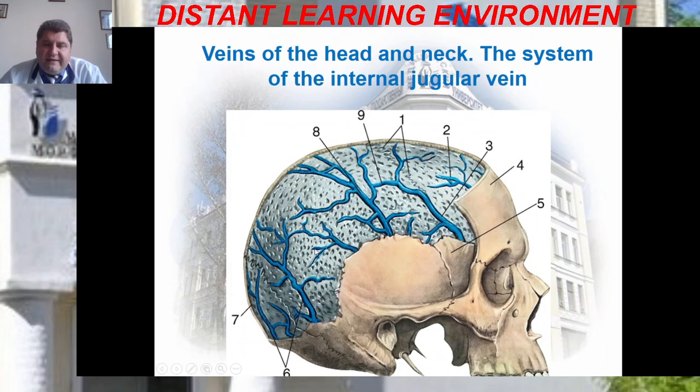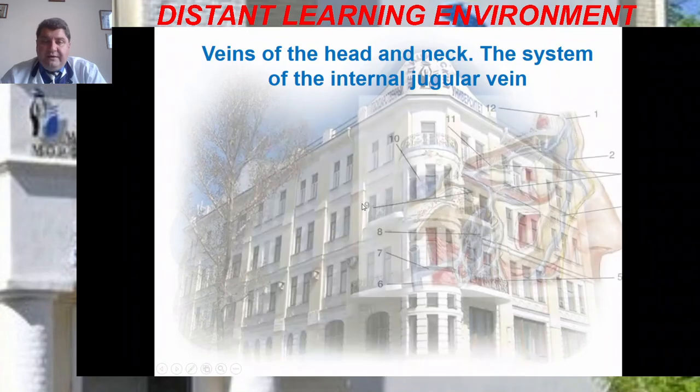You may see that these veins are situated between two compact parts of bony tissue, which is called the spongy part of bony tissue, also called diploic bony tissue. And the veins which are situated here are also called diploic veins.